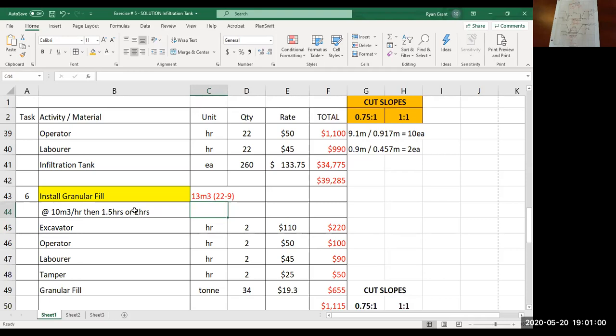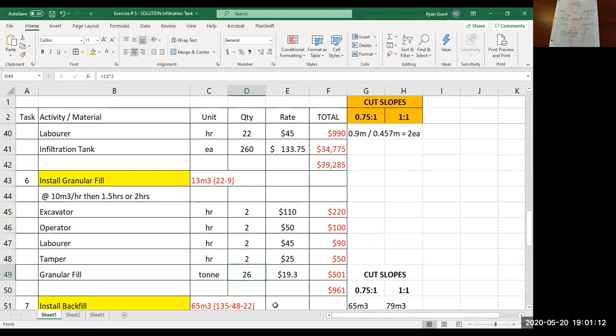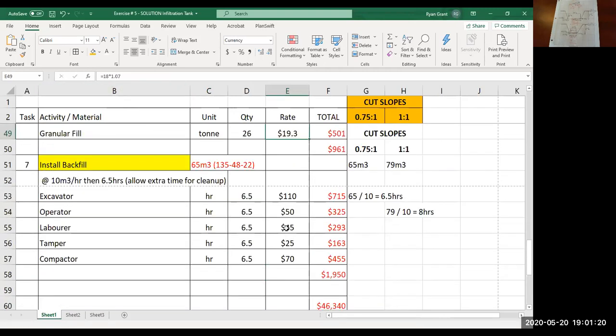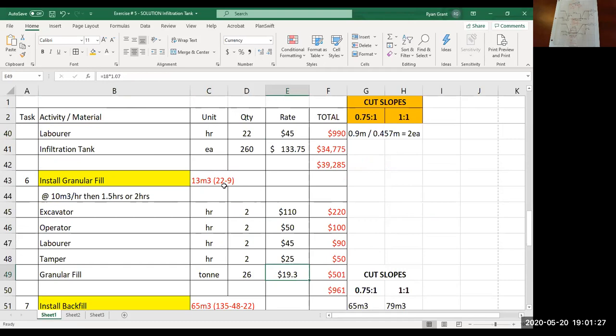As long as you chose one of those, I didn't mark you wrong. This one has 2 hours in it. 13 times 2 is 26 tons. Again, your per ton rate, including your PST.